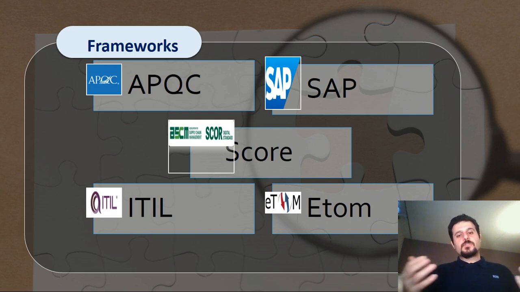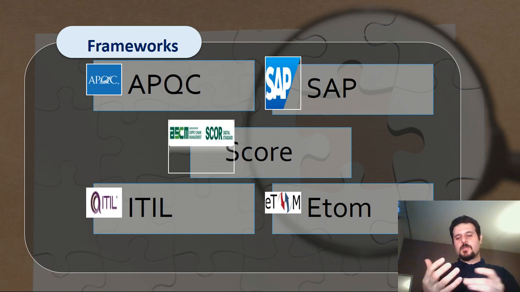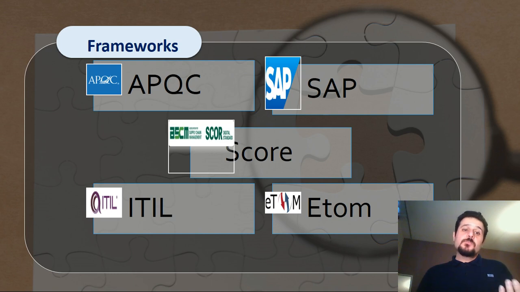Also, if you are a trading company, you can use SCOR, a software company, ITIL, or etc. Also, you can combine these methodologies together. For example, use ITIL, SCOR, and APQC combined together when you want to identify, for example, your IT processes.